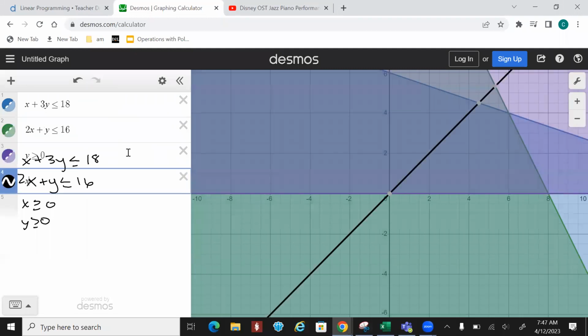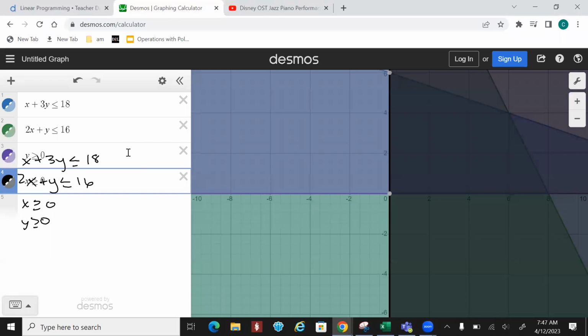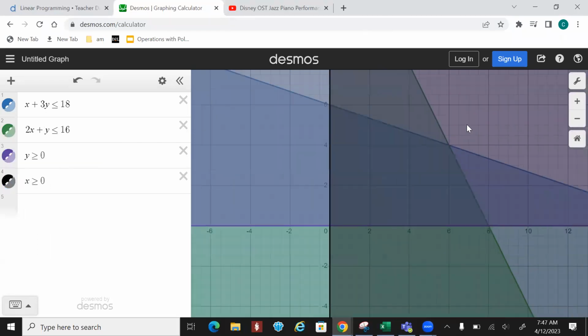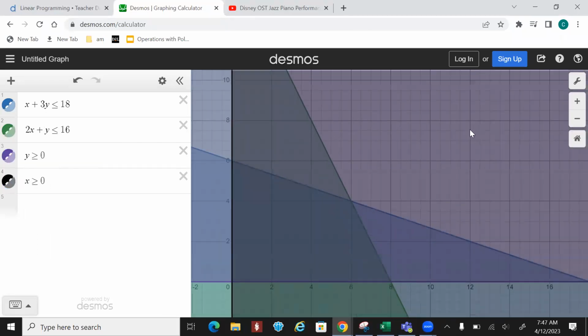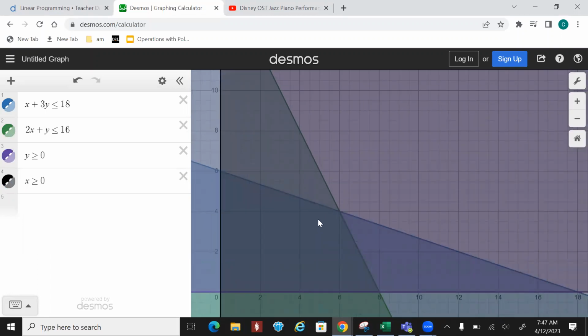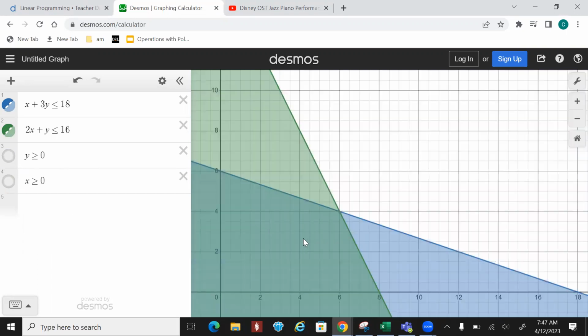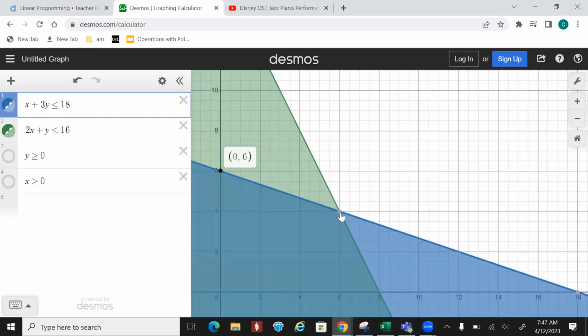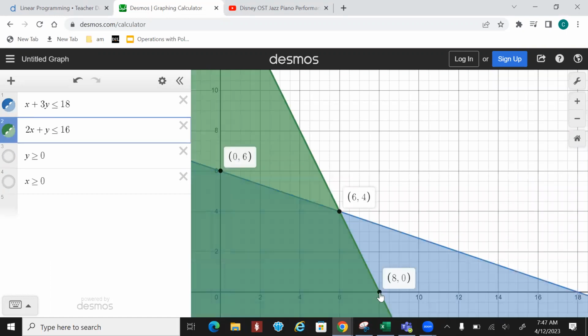Normally I leave that off because I can't see all of the stuff otherwise. Okay, so looking at this, you should have something like this. You're only looking at the vertices of the really dark shaded region. Okay, so if we get rid of these two, we can see that our vertices is going to be here, here, and here.